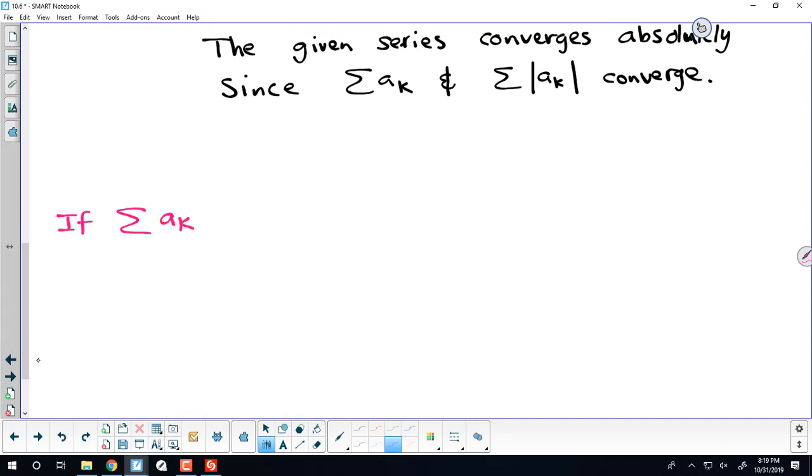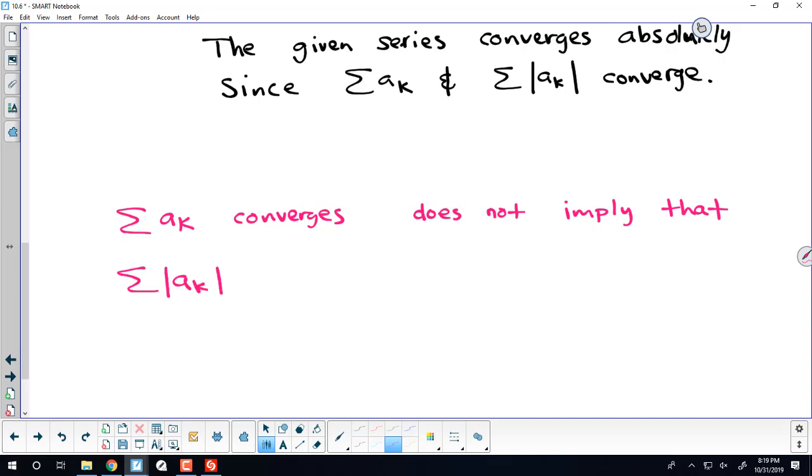So if we know that this series converges, it does not imply that the absolute value also converges.